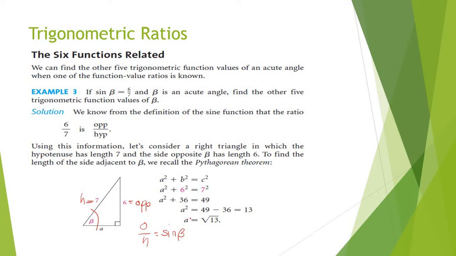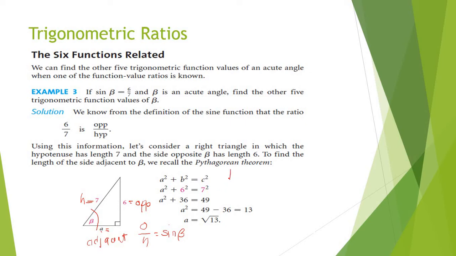Now we're also going to identify the value of your adjacent in order for us to find the 6 trigonometric functions. To do that, we're going to find the value of your adjacent by what?